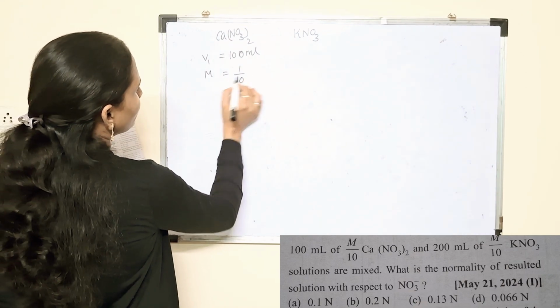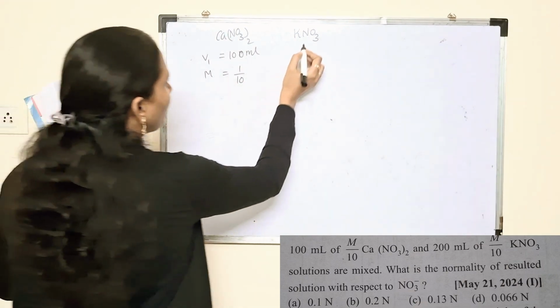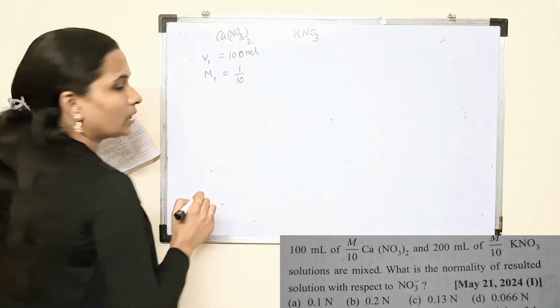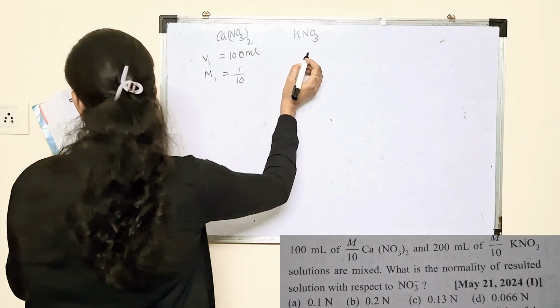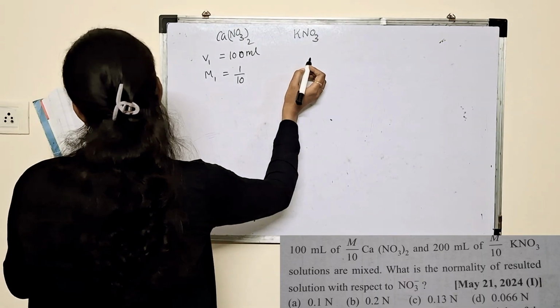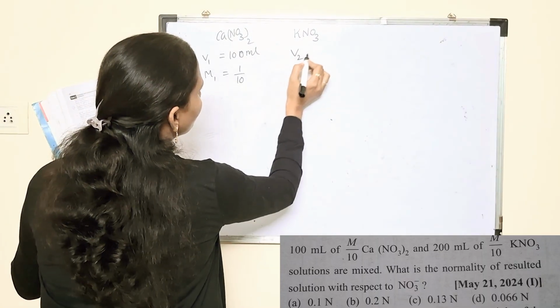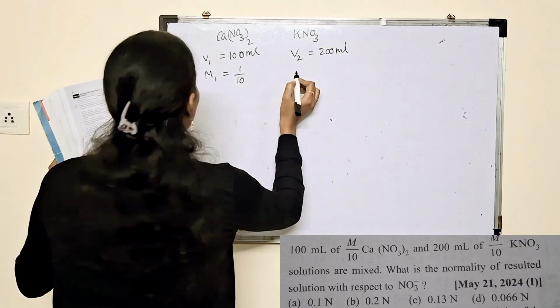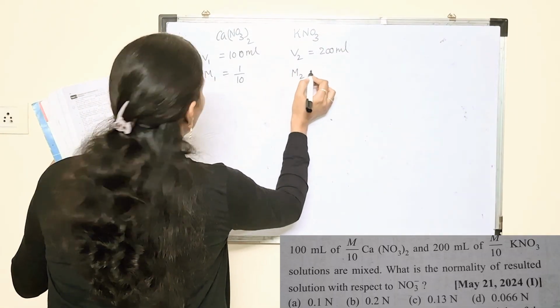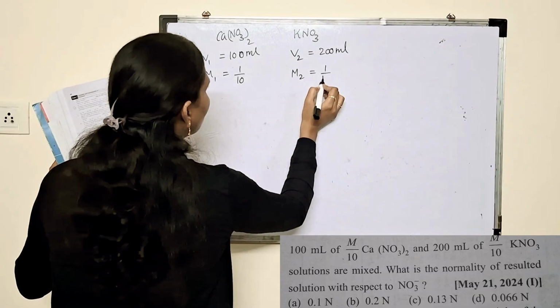So that is the molarity, take it as M1, meaning the first solution. And this is the KNO3 volume, V2. How much did they give? 200 ml. And next, molarity M2 equal to, this is also 1 by 10.